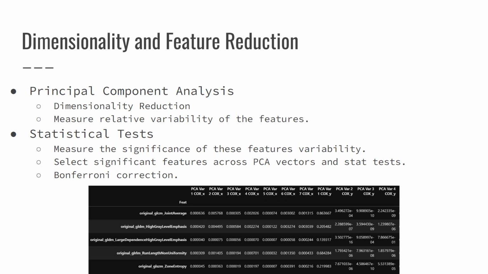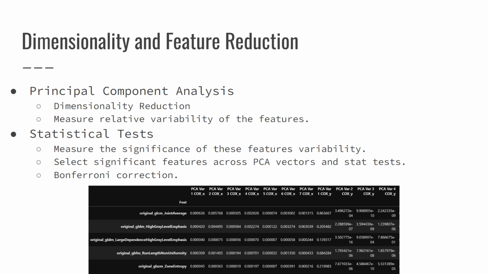And of course, we want the features with very small p-values. Now, we aren't using 5% like usual because we're looping over so many PCA vectors and features. We have to divide that by 10 in accordance with the Bonferroni correction. And we select for features that are under 5% divided by 10 over all PCA vectors.